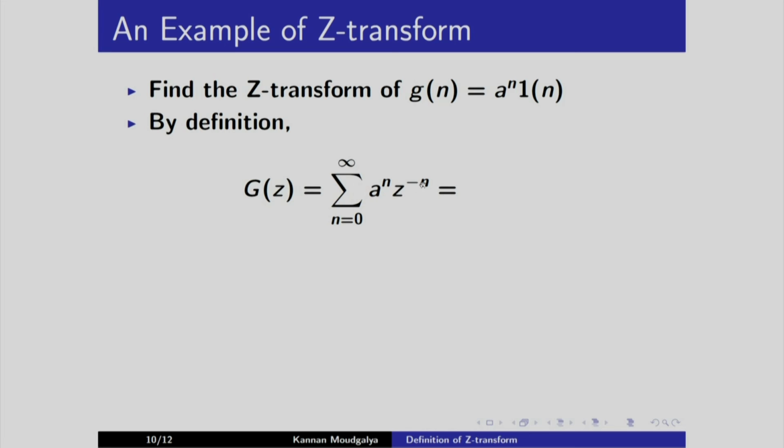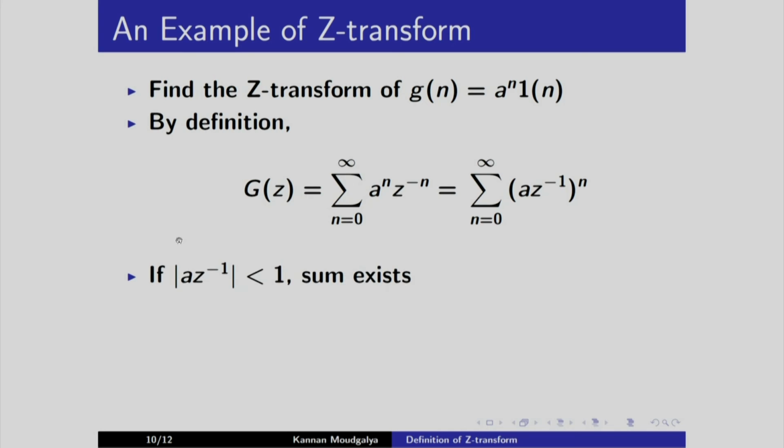It is a to the power n into z to the power minus n, n going from minus infinity to plus infinity. But why are we starting at n equals 0? It is because we have 1(n). So all the terms with negative n will be made 0 because of this 1(n). So I can group it like this, and then I expect this absolute value to be less than 1.